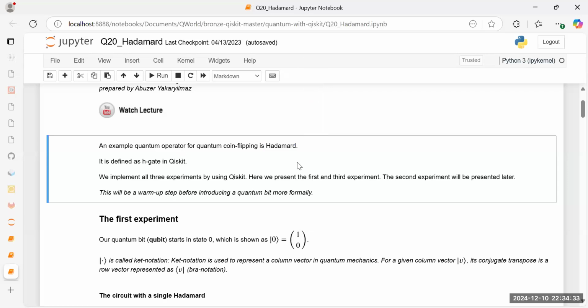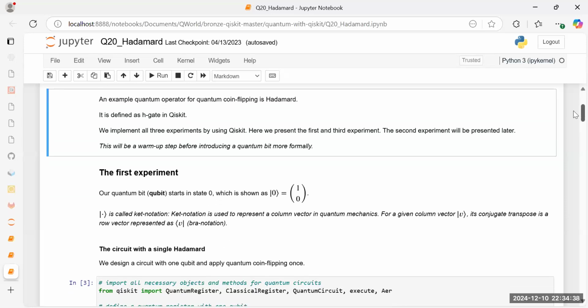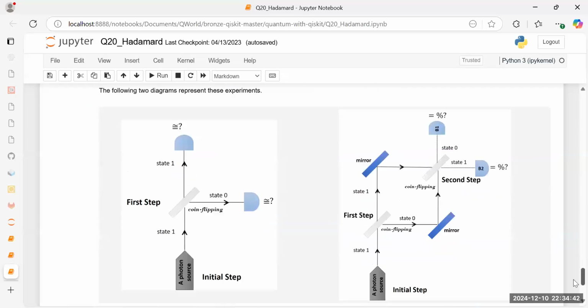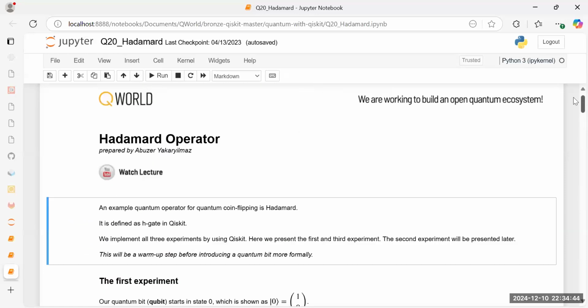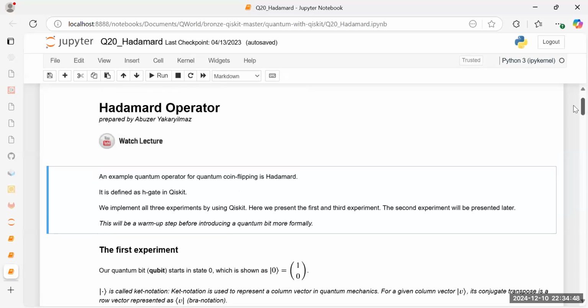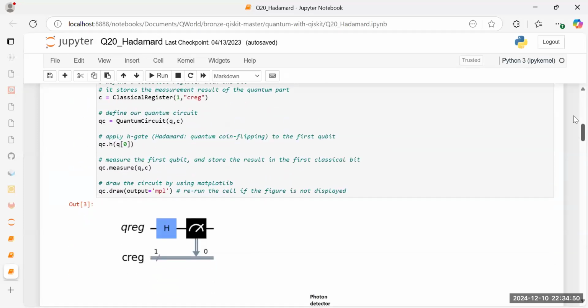We also call this the H gate. We're going to see a bit about this.